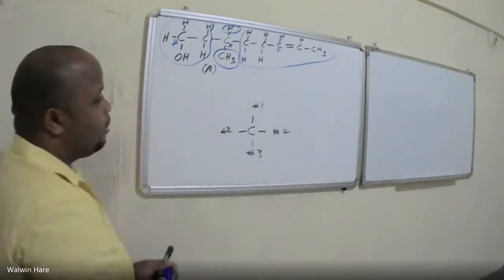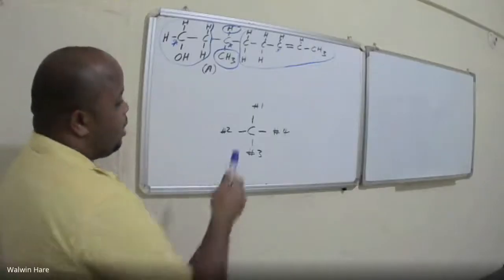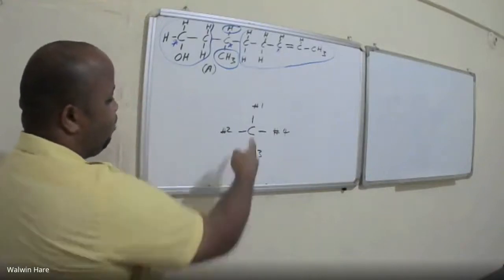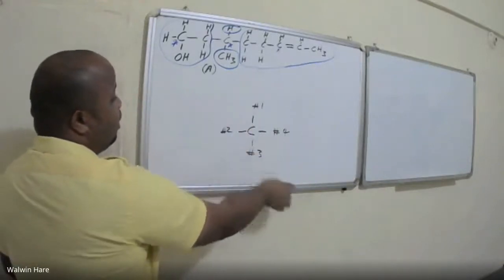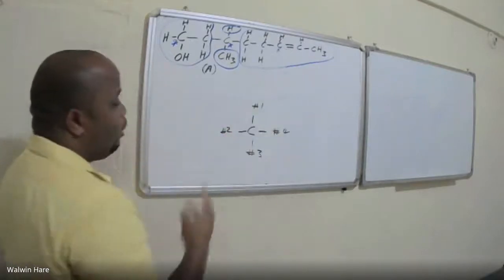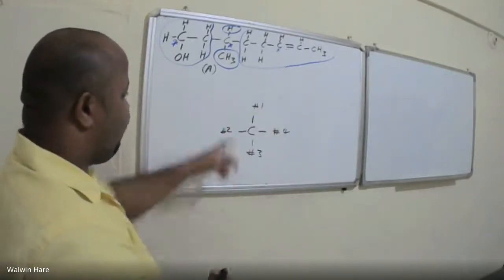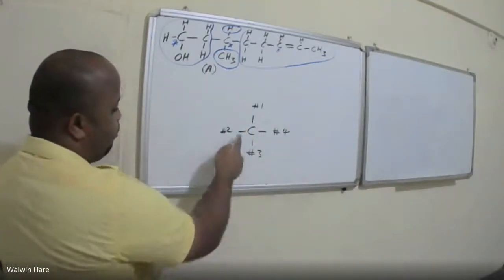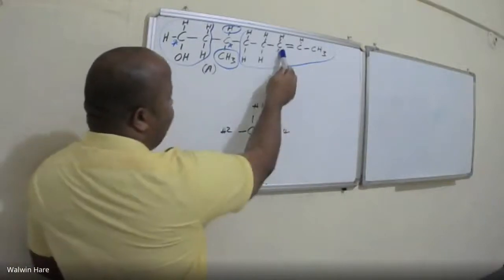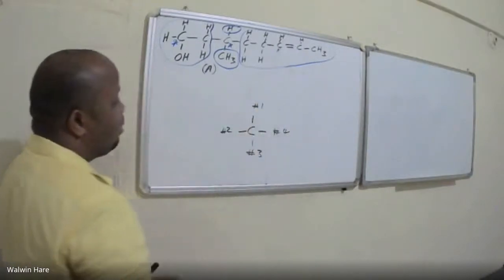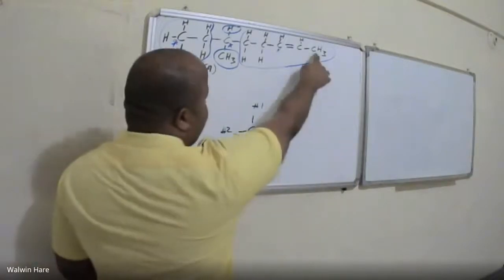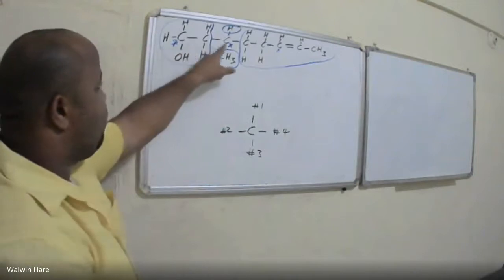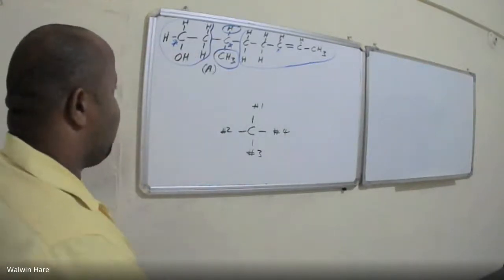No. So any carbon with a double bond cannot be chiral because it must have 4 groups around it. For carbon to form 4 bonds, it has to be 4 single bonds. So none of these carbons can be chiral. And then this one clearly has 3 hydrogens attached, so it cannot be chiral. So the third carbon from the left, that's our chiral carbon.